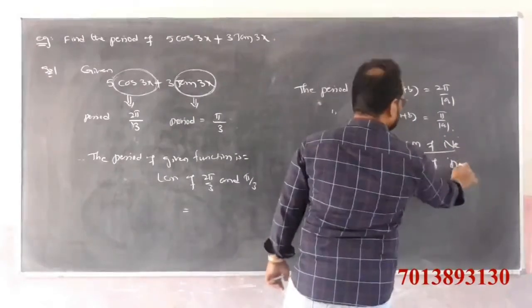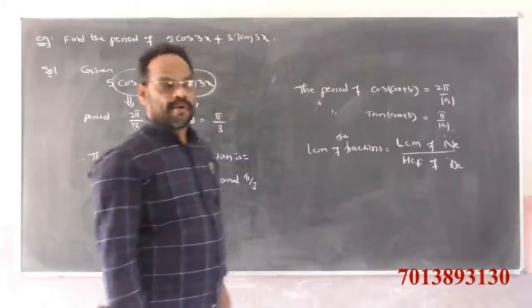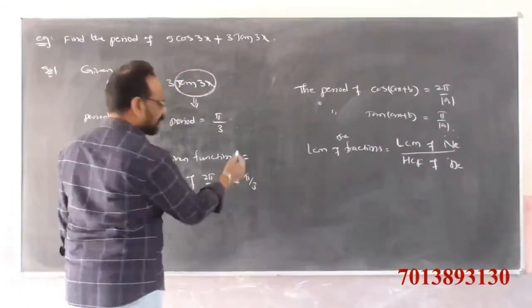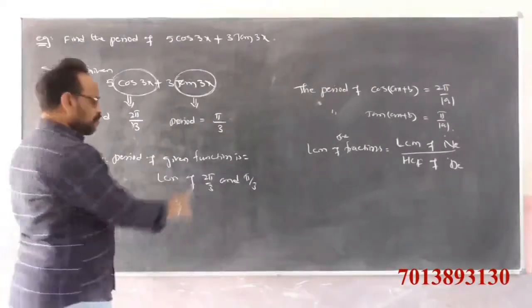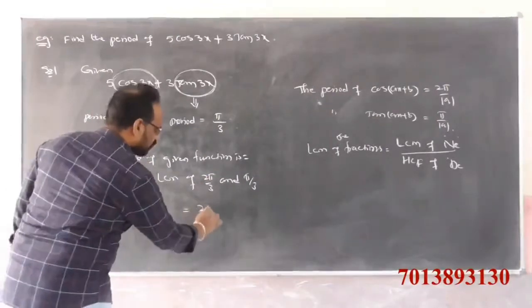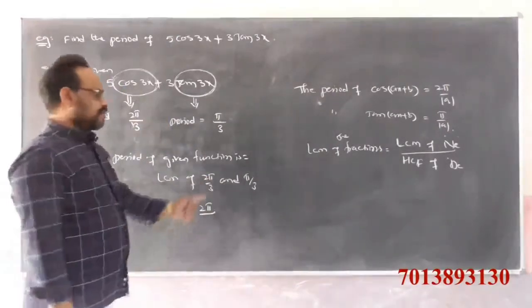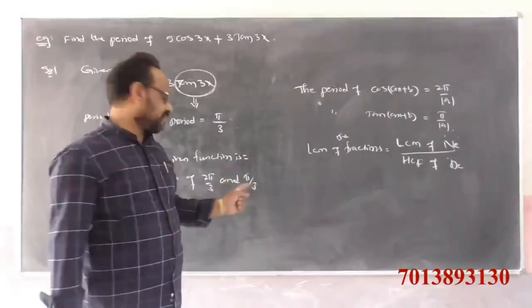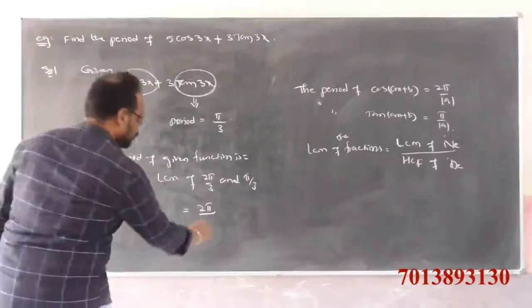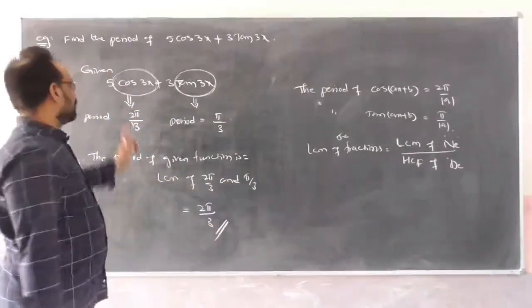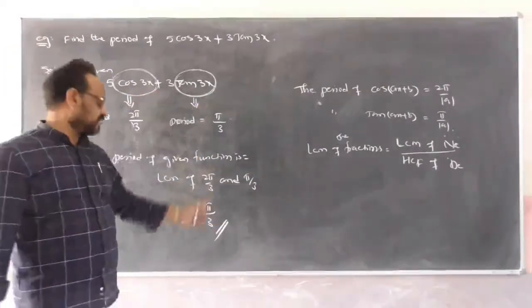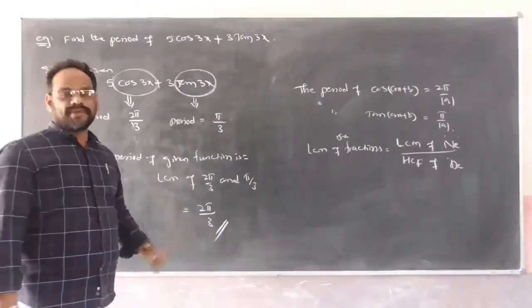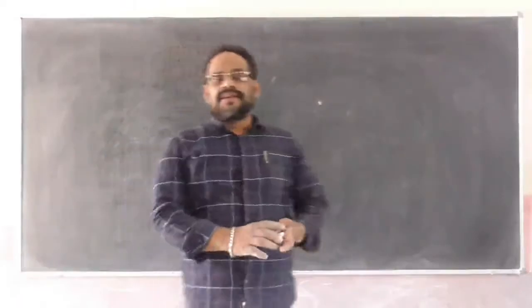The LCM of numerators 2 pi and pi is 2 pi. The HCF of 3 and 3 is nothing but 3. Therefore the period of 5 cos 3x plus 3 tan 3x is 2 pi by 3.